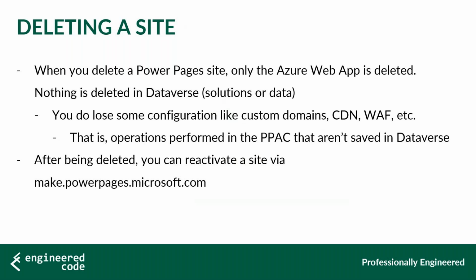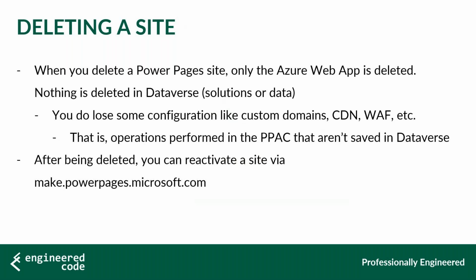You might lose things that aren't stored in Dataverse, and mostly this is changes that you'll make via the Power Platform Admin Center. Things like custom domains, enabling CDN, enabling WAF, enabling SharePoint or Power BI. Those are the types of things where the configuration isn't stored in Power Pages, and some of those things are tied to the actual app registration that we talked about earlier.